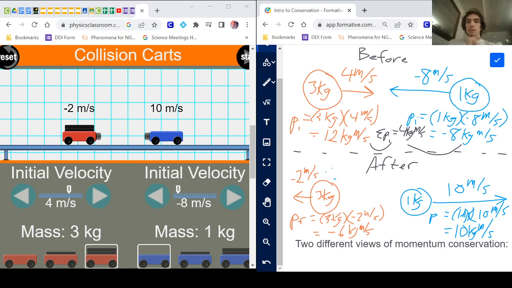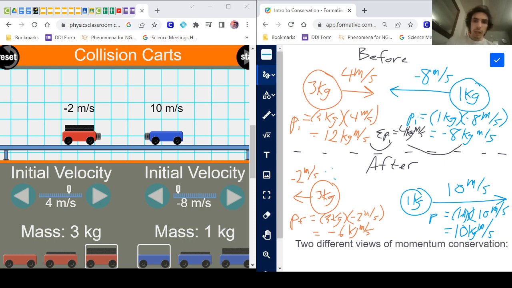Okay, so again, there are two different ways that we could look at this and analyze this as an example of momentum conservation. And the first way, the way that's more similar to how we've analyzed conservation in the past, is by getting the total momentum before and after.